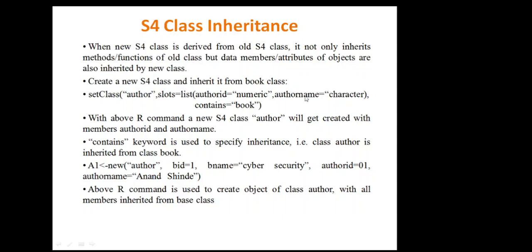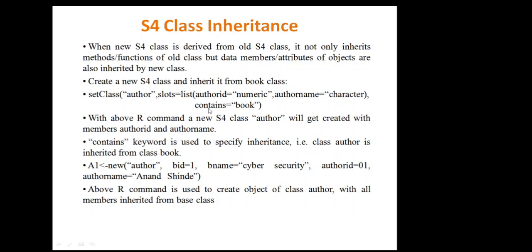These slots I want to create for my new class, that is author, and I want to inherit this author class from the book class. So the contains keyword is used to specify the name of the class from which we want to inherit our current class.